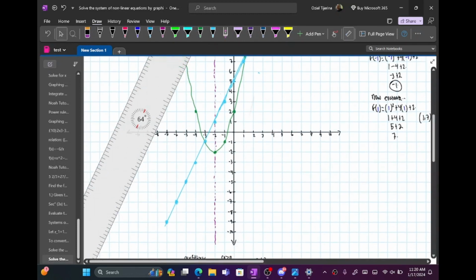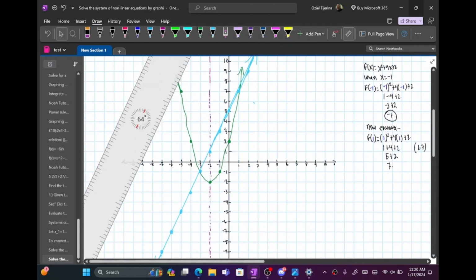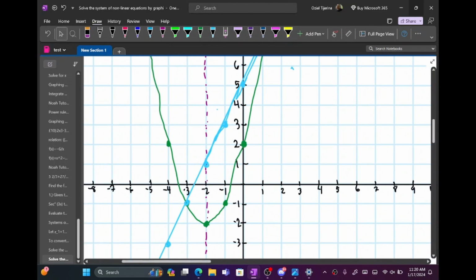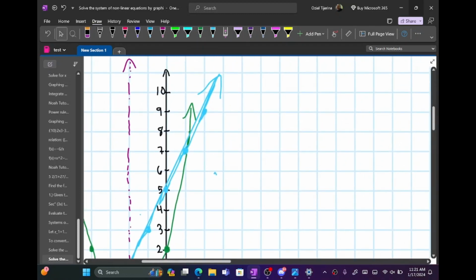And we can see the points of intersection here, so we want to see where it intersects the green parabola. The points of intersection are right here and over here.